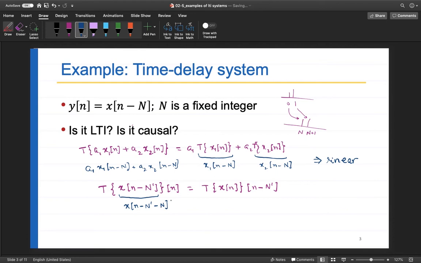And here you have put n. So basically this thing doesn't play any role because you are taking the signal as it is, n minus n dash minus n.